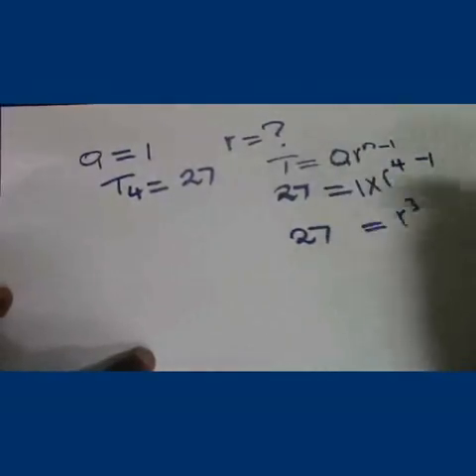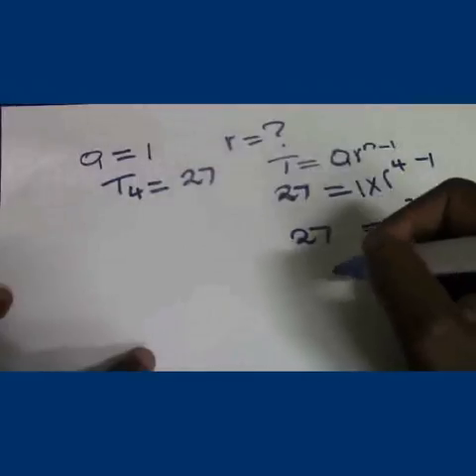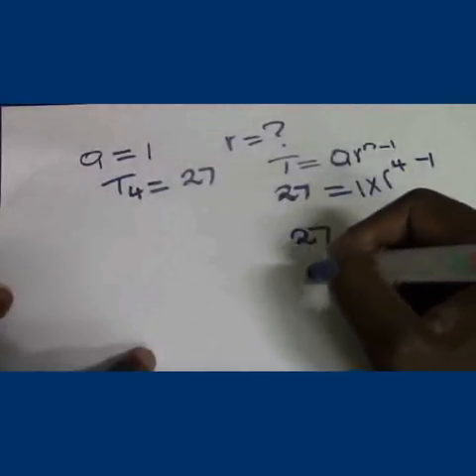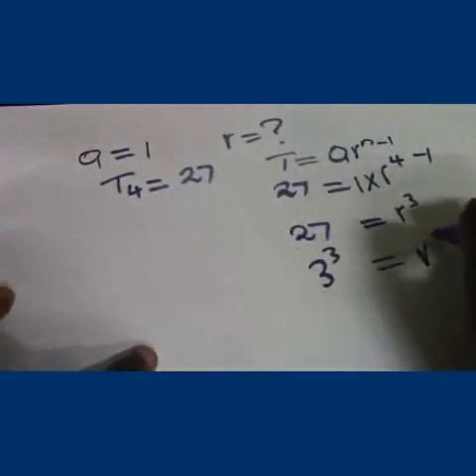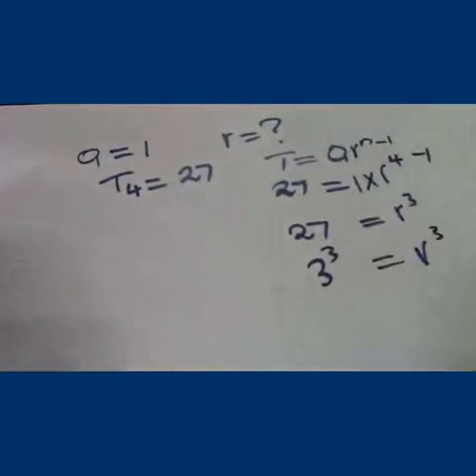So we want r, and 3 to the power 3 is 27. Verify: 3 to the power 3 is 27, yes.